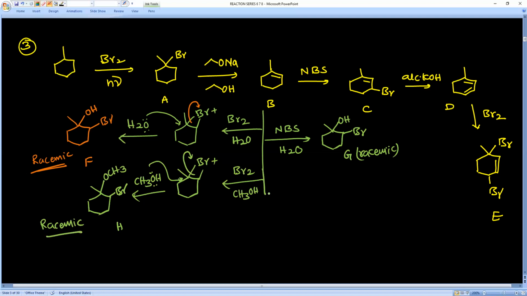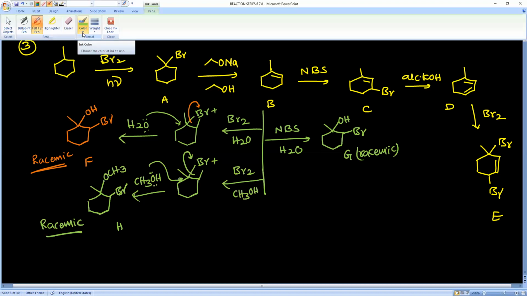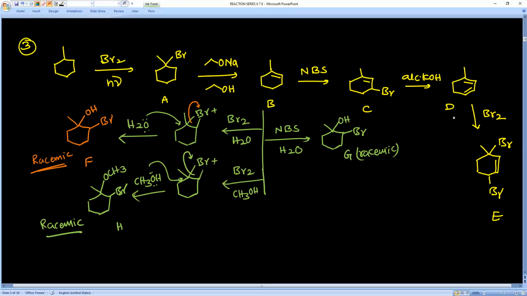Next one, compound D is treated with NBS. NBS is for allylic and benzylic halogenation, for bromine attacking. Next, it is treated with alcoholic KOH. Alcoholic KOH is nothing but a strong base.